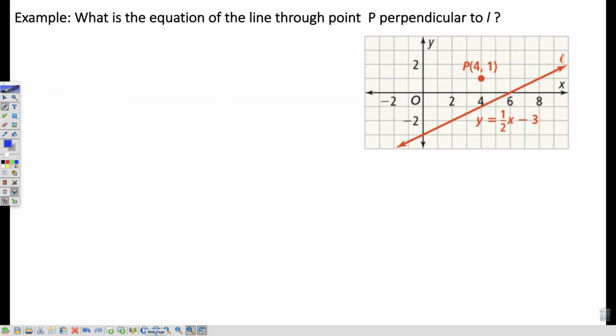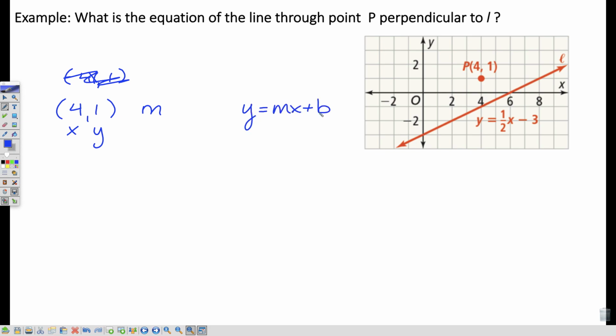Okay, so it says what is the equation of the line that goes through point P and is perpendicular to L? Okay, so what is my x, y? Your x, y is 4, 1, right? So this is my x, y. I need my slope because we're doing y equals mx plus b.